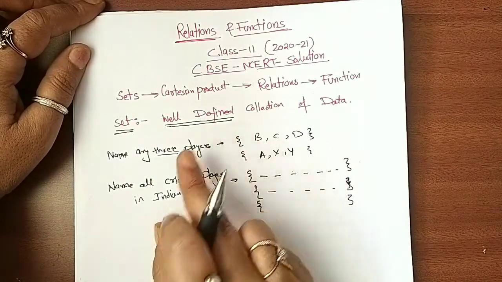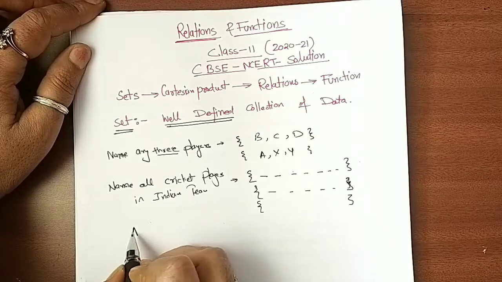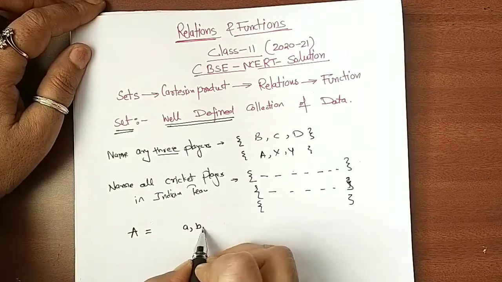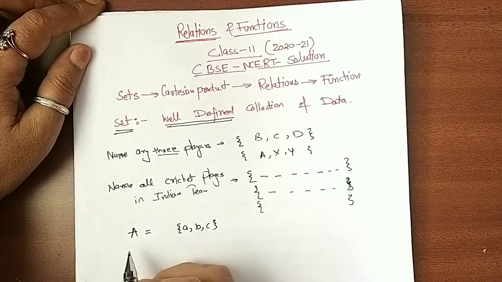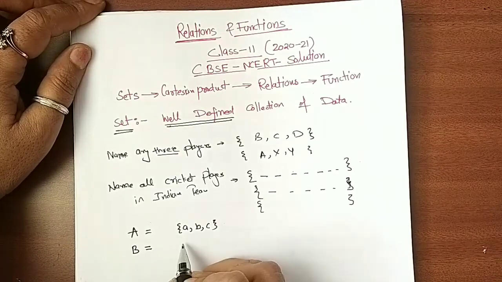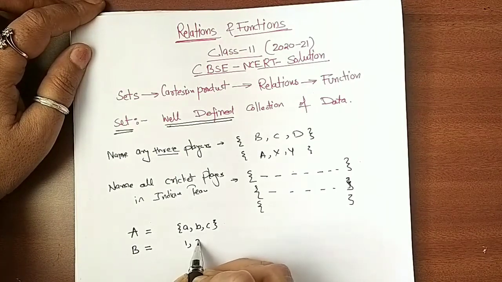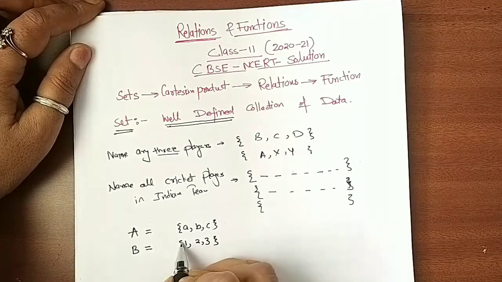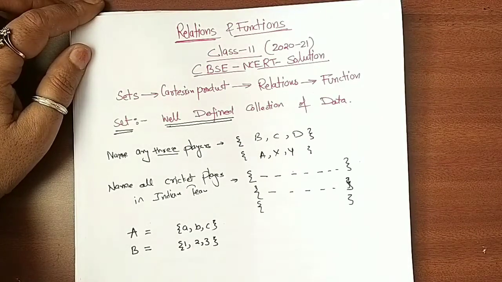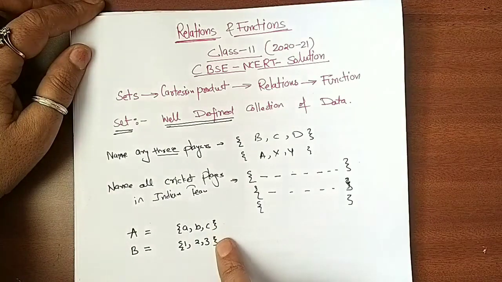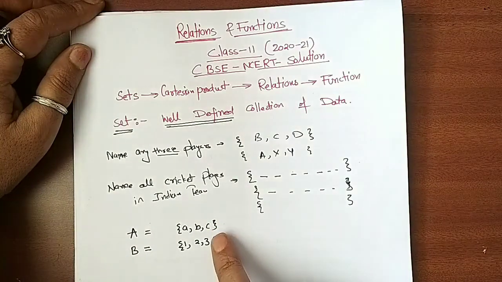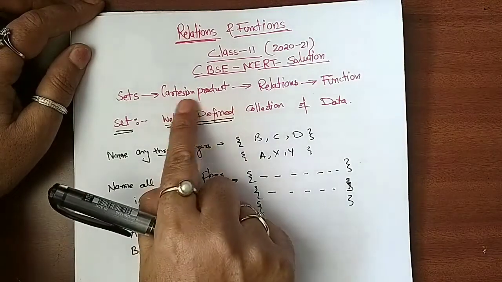Now if we have two sets, suppose I made some set of the first three alphabets, A, B, C, and you made some set, say 1, 2, 3, a collection of the first three natural numbers. So these are the two sets. If we make ordered pairs of the elements taking from A and B, that is called Cartesian product.